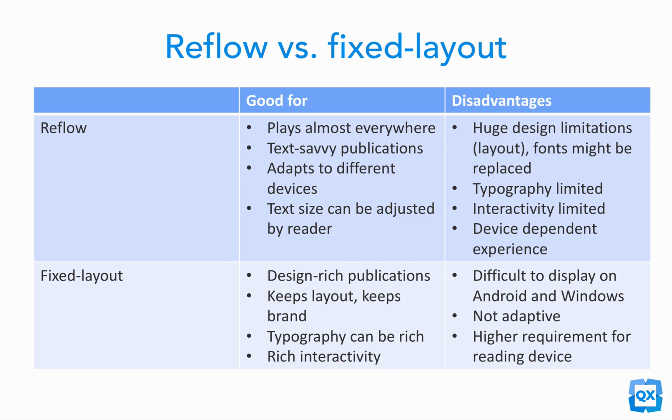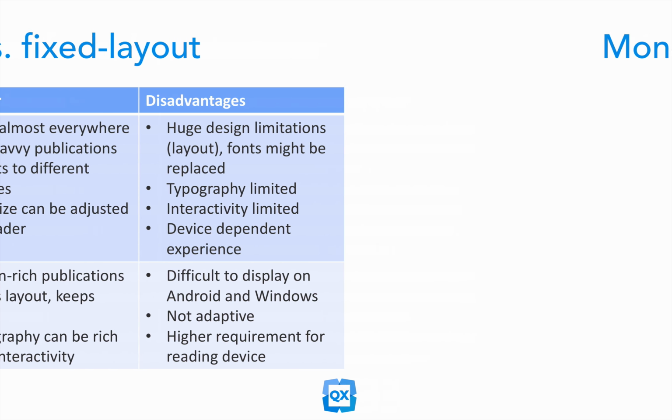And maybe the biggest limitation of these formats is that when your readers, so your customers, your clients, are using an Android or Windows device, then currently there is no good e-reader, so no software available to show a fixed layout EPUB on Android or Windows. It's different for macOS, and for iOS, Apple has a good e-reader for that, iBooks. For Android and Windows, there's other options. We'll talk about that at the end.